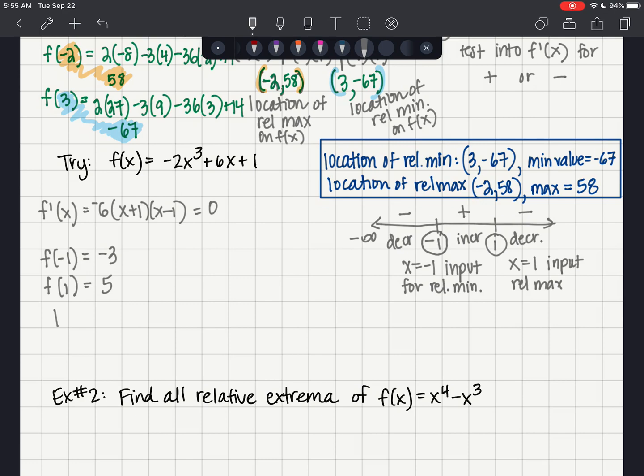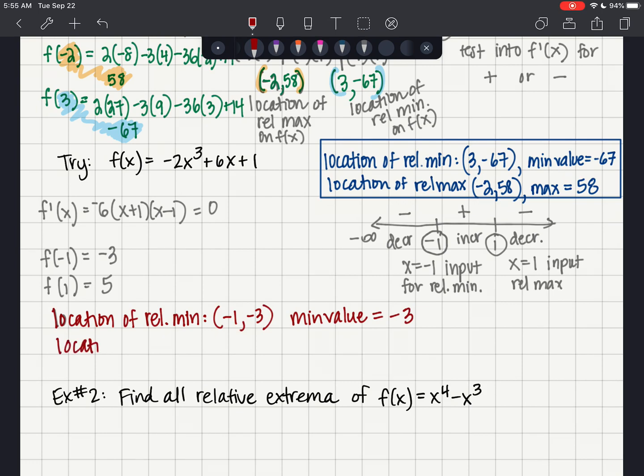Therefore, the location of our relative min is negative 1, negative 3, and the min value is equal to negative 3.